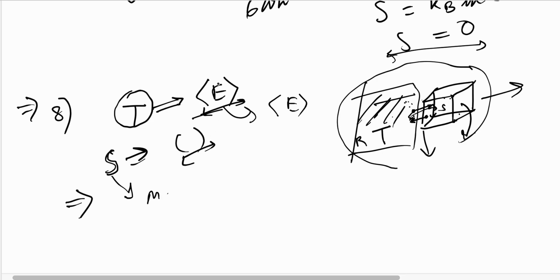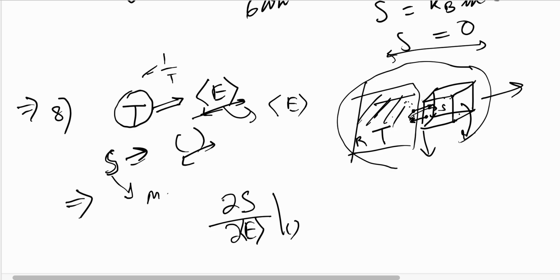The system's temperature will also, in equilibrium, be equal to T. That means in equilibrium the entropy and other macrostate variables remain constant, so PV will remain constant.